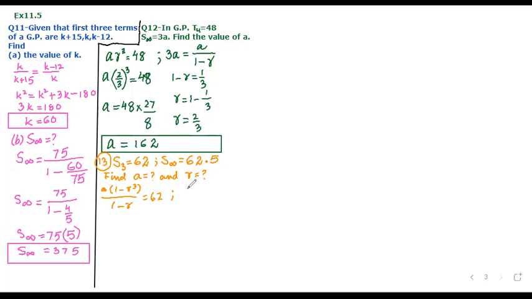So a upon 1 minus r, which is the formula for sum to infinity, is equal to 62.5. So a will become equal to 62.5 times 1 minus r. We can name this as equation 1.